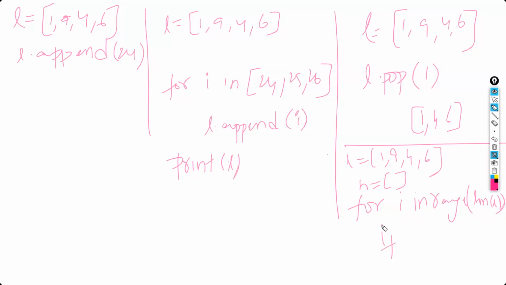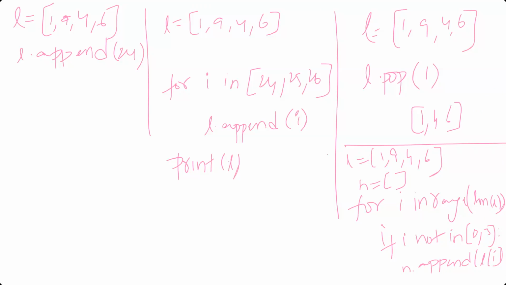If i is not in index numbers 0 comma 3, the remaining index numbers have to be appended: n.append of L of i. Now tell me what is the output of this. Now print n. If I print n, what is the output?